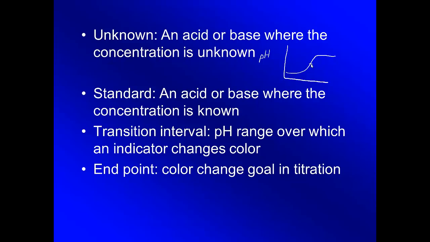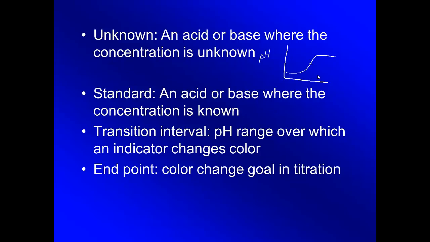This is what I want, where my hydronium and my hydroxide are equal. With a transition interval, you have to find the indicator that changes over a certain pH, because what you need to do is find an indicator that's going to change the color.